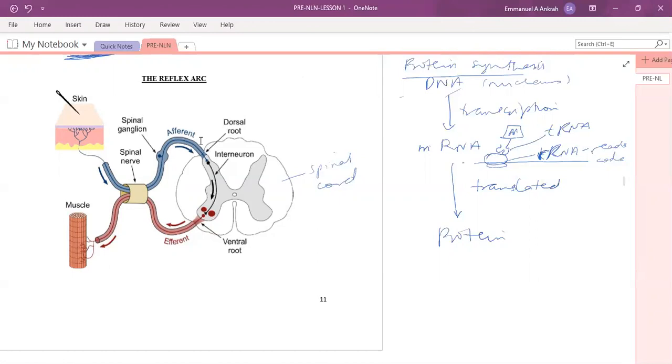Which of these foods is a good source of protein? Use your general knowledge. A, nuts. B, cooked oatmeal. C, honey. And D, raisins. A, nuts, correct.